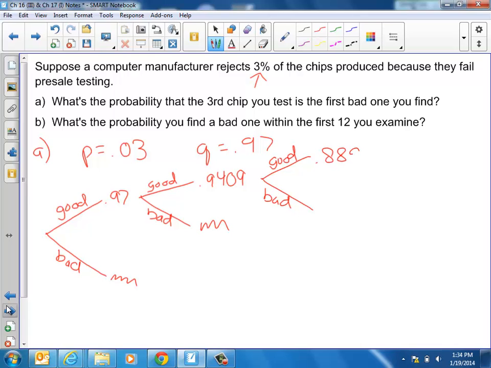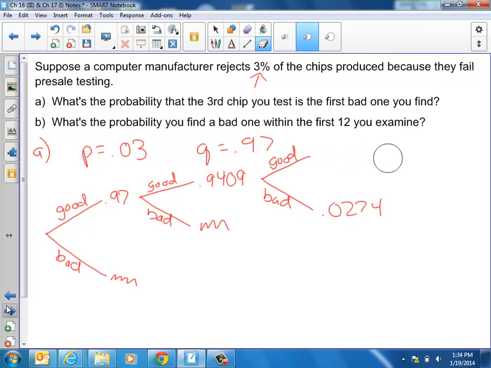If it's a bad chip, that is 0.9409, which we just found, times the probability of success. That is, we finally found a chip that didn't work, 0.0274. All right. I filled in the wrong numbers there. My mistake.